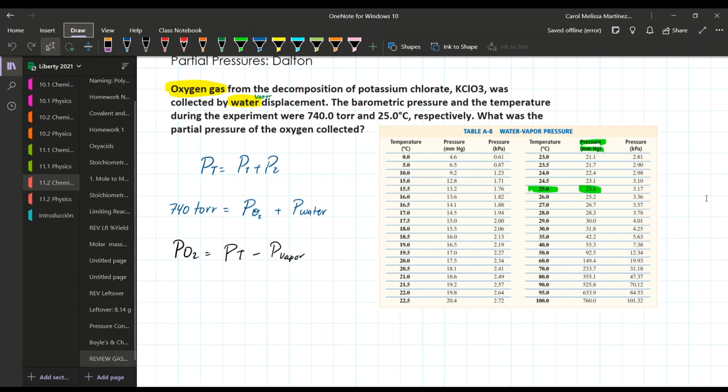So now we just substitute by the givens. The pressure of oxygen gas is going to be the total pressure, that is 740 torr, minus the pressure of water vapor, that is 23.8 millimeters of mercury, which is also the same as torr. Just remember this: millimeters of mercury is equal to torr.